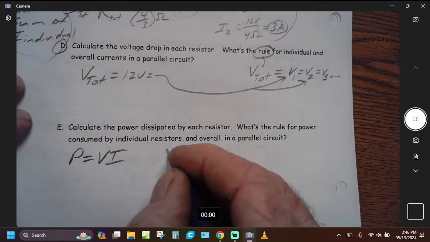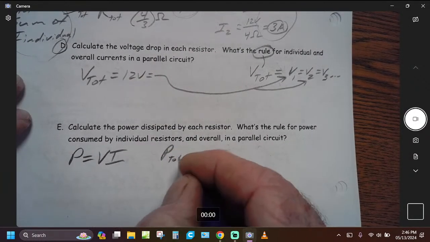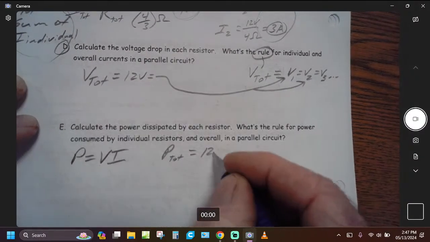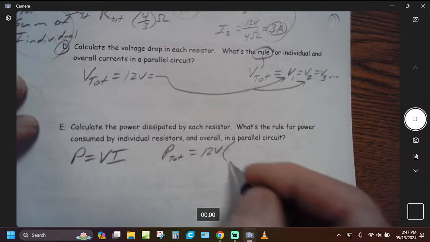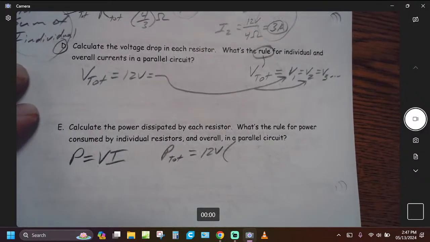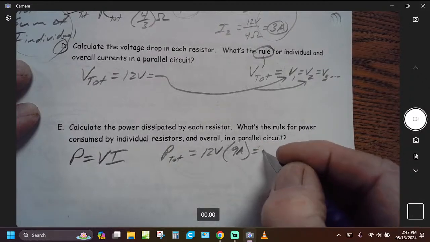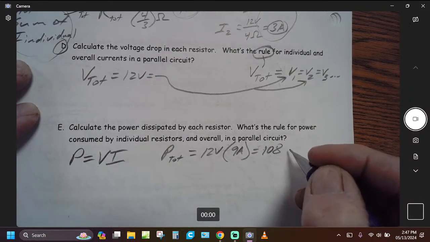But I want to do the total. The total would be the total voltage, which is 12 volts, multiplied by the total amount of current, which is how much? 9 amps. And that gives us 108 watts.